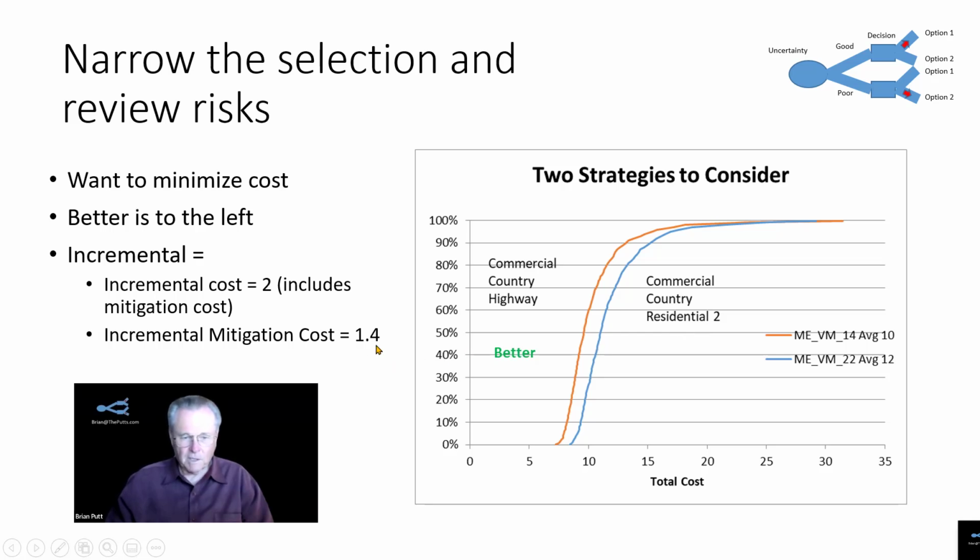So that certainly meets our criteria of 0.3. So now the question is, what decision do you want to make? Would you go for this orange line that just works on commercial, country, and highway? Or would you go for the commercial, country, and residential two?